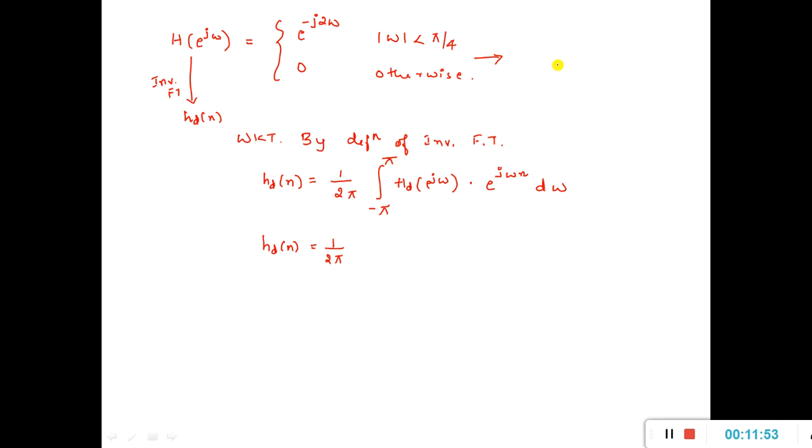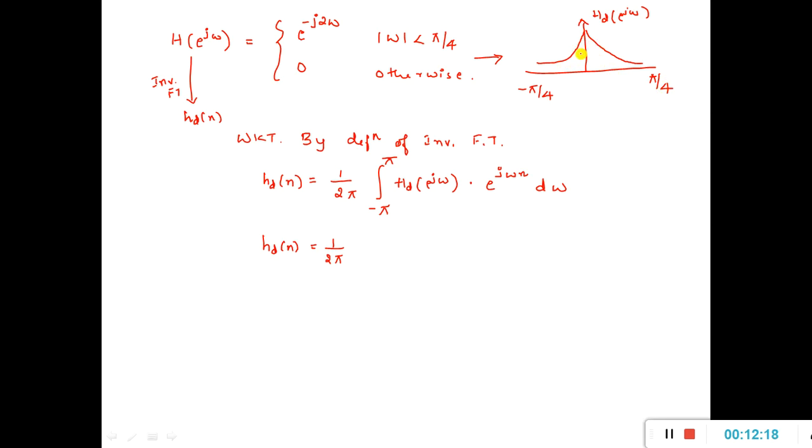If I try to plot this, this is how it looks, right? Hd of e power j omega is going to be defined as an exponentially decaying value, and I need to consider both cases from minus pi by 4 to plus pi by 4. I need to obtain the samples, right?